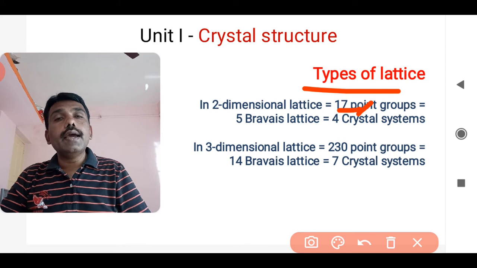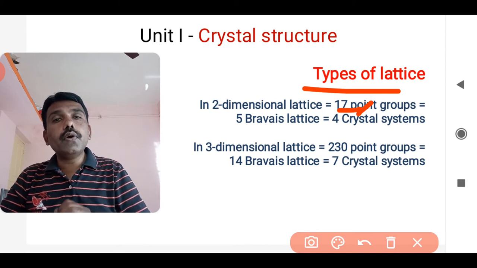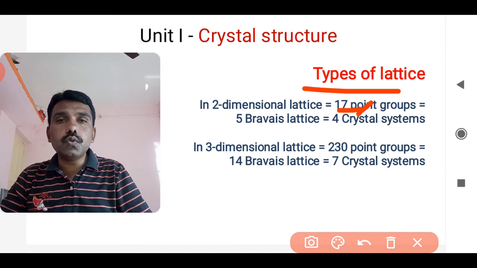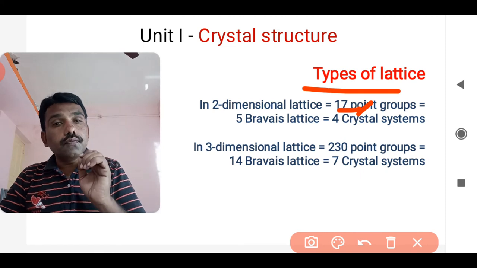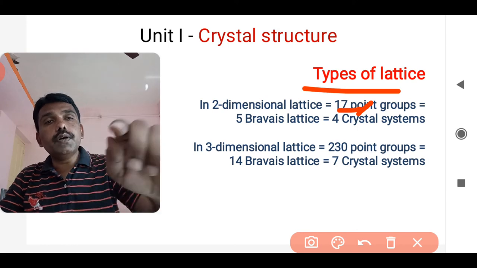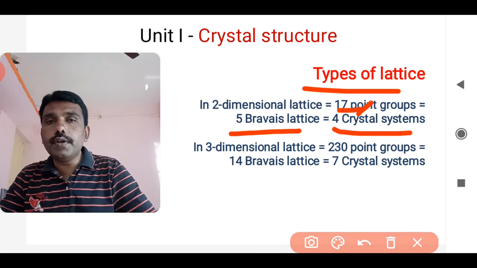In the two-dimensional case, there are 10 point groups possible, 17 space groups possible, and 5 Bravais lattices possible with these 10 point groups. And with those 5 Bravais lattices, the 4 crystal systems are formed.